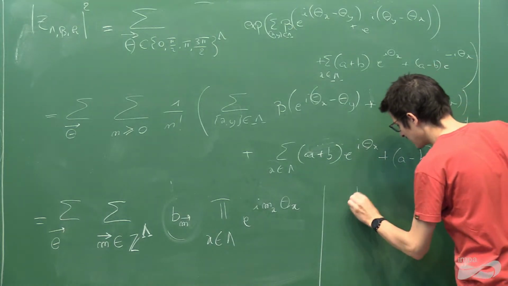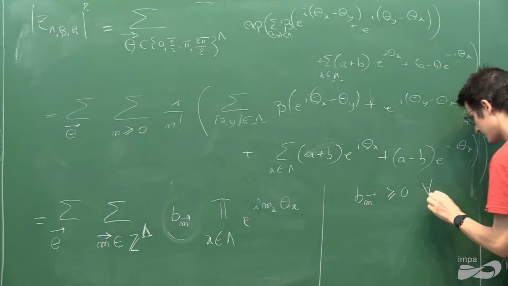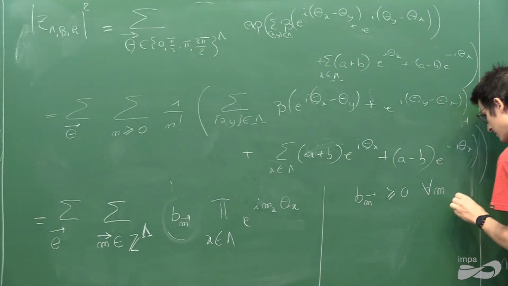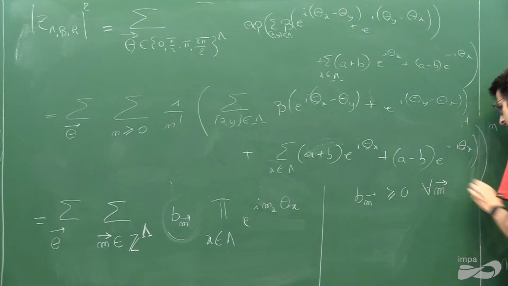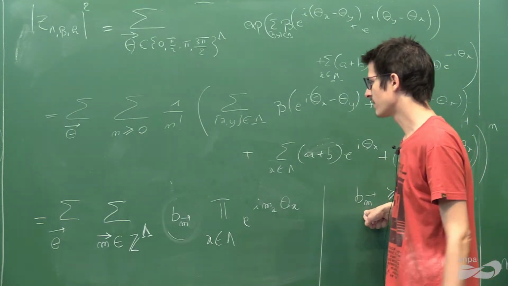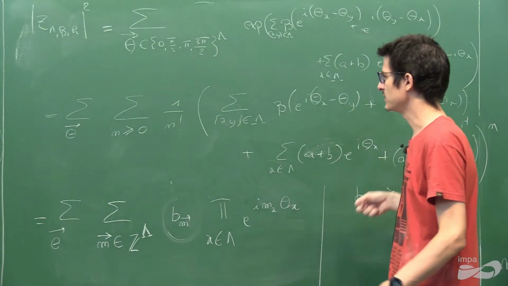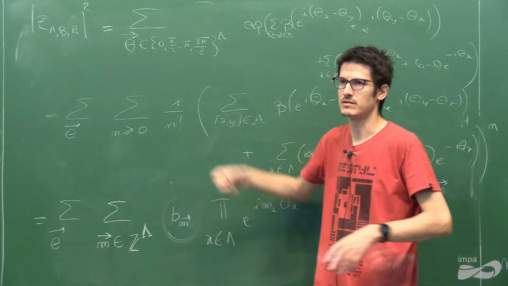The first thing is that b_m is non-negative for all m. This is just due to the fact that this is a product of β, a plus b, and a minus b to some power, with some prefactors and some sums.